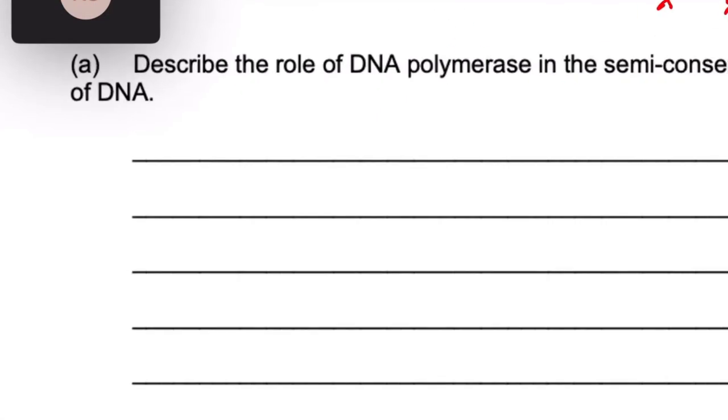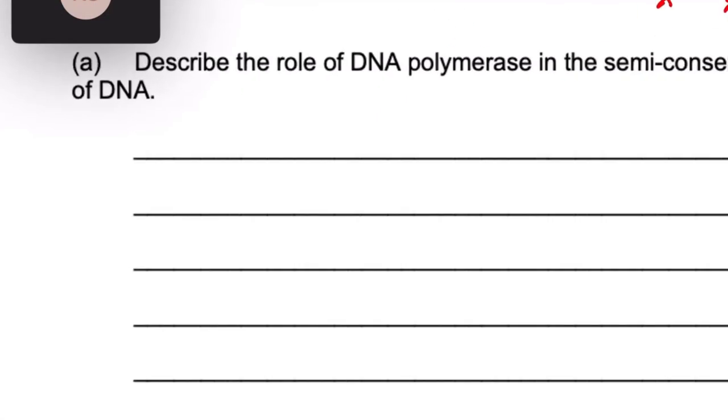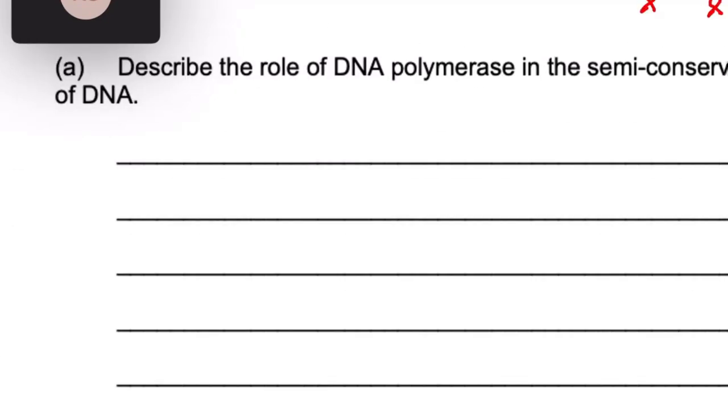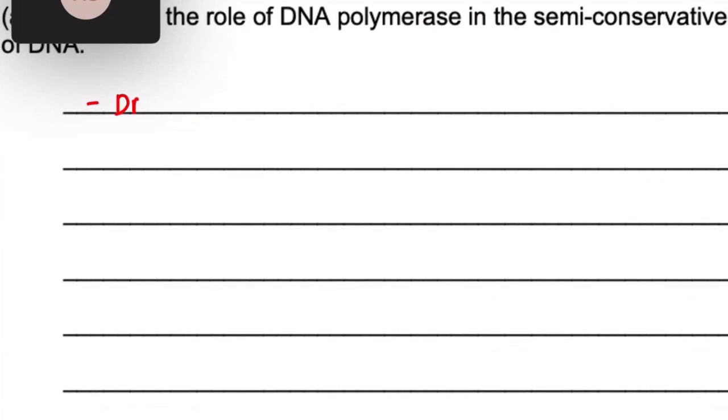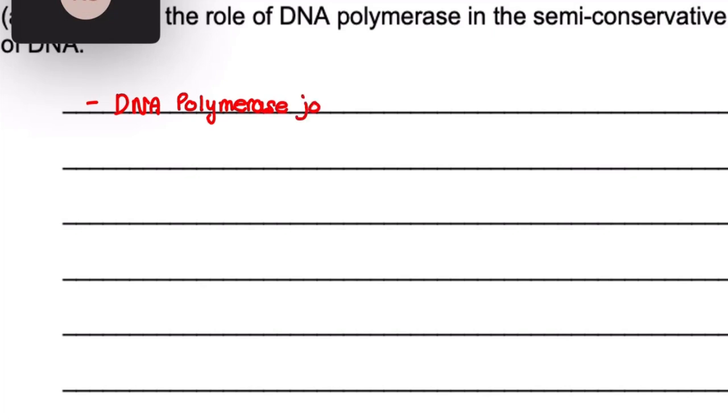Now it says, describe the role of DNA polymerase in the semi-conservative replication of DNA. Basically, what we've discussed there is that DNA polymerase joins together adjacent DNA nucleotides. So I'm just going to write that down. DNA polymerase joins together adjacent DNA nucleotides.